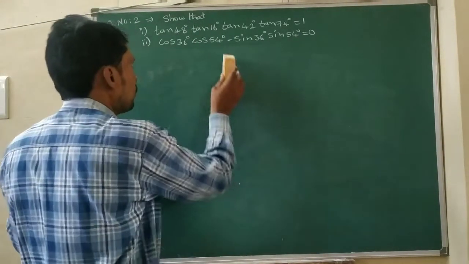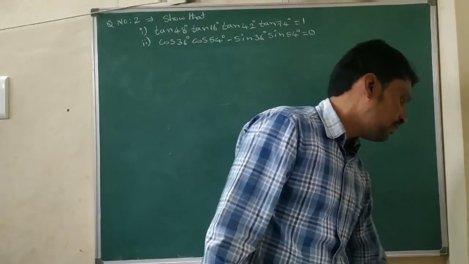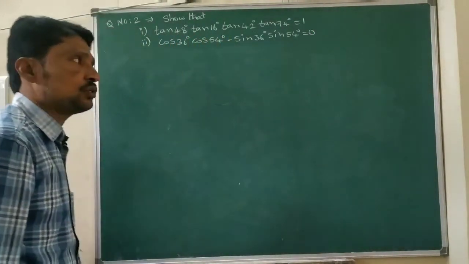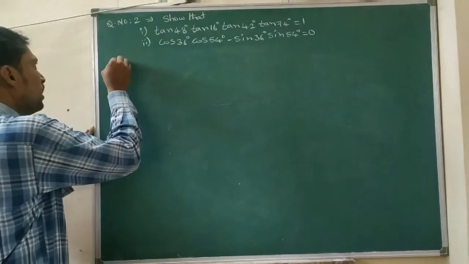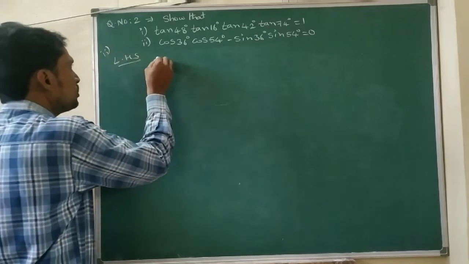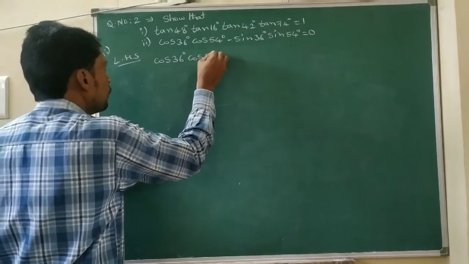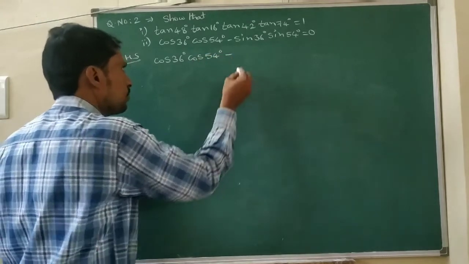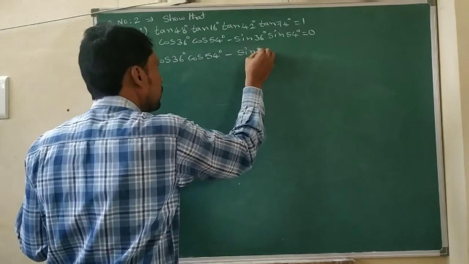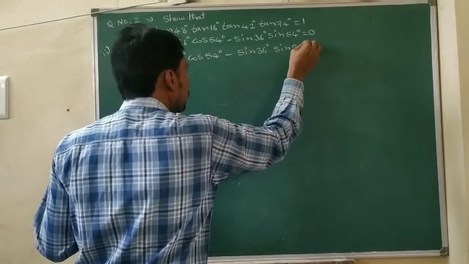Cos 36 and cos 54 degrees minus sin 36 sin 54 degrees equal to 0, we need to show. So directly I am taking LHS. The second problem LHS is cos 36 degrees cos 54 degrees minus sin 36 degrees into sin 54 degrees.